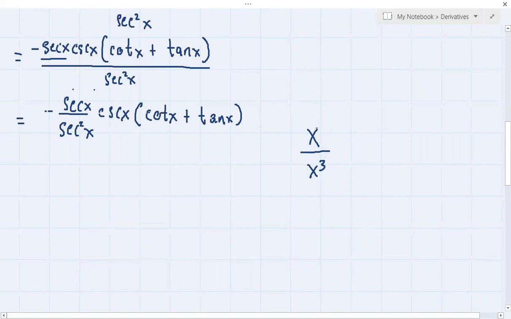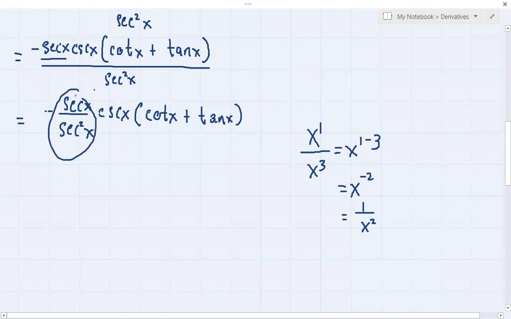If in both sides, sa numerator and sa denominator, they have the same base, and meron silang kanyang-kanyang exponent, magiging x raised to yung exponent ng numerator, which is 1, minus exponent ng denominator, 3. So magiging x raised to negative 2, or magiging 1 all over x squared.